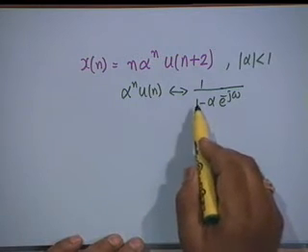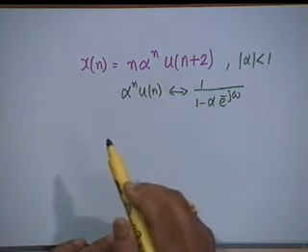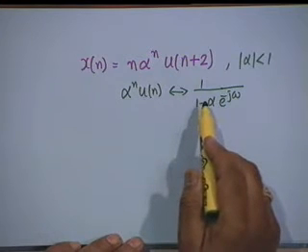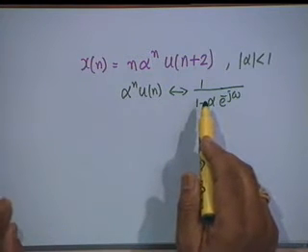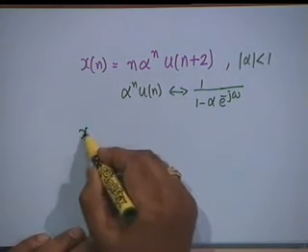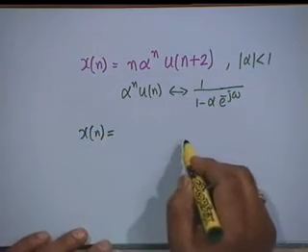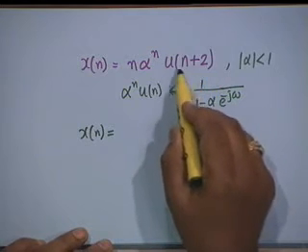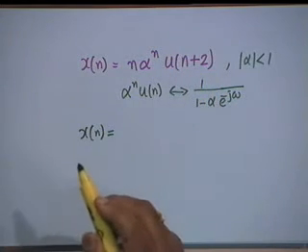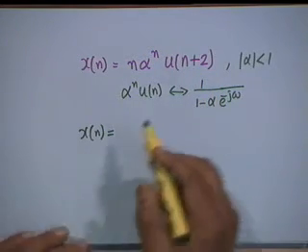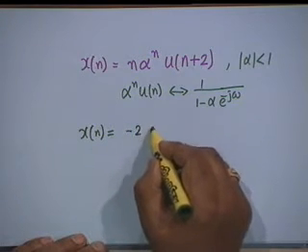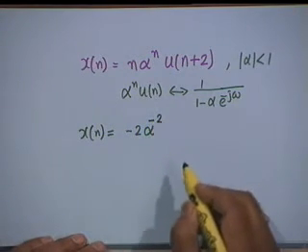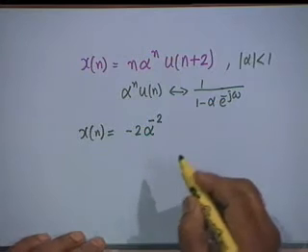How does the given sequence differ from this? There are just two additional samples. If we take care of that, we write x of n as, since u of n plus 2 starts at n equal to minus 2, let us take minus 2 alpha to the minus 2, all right.